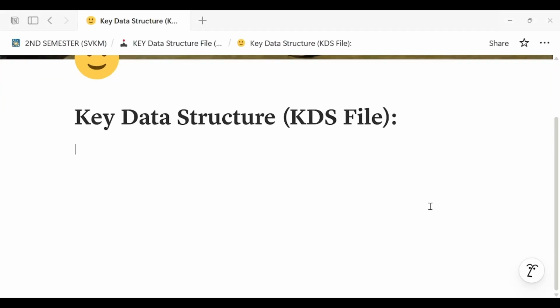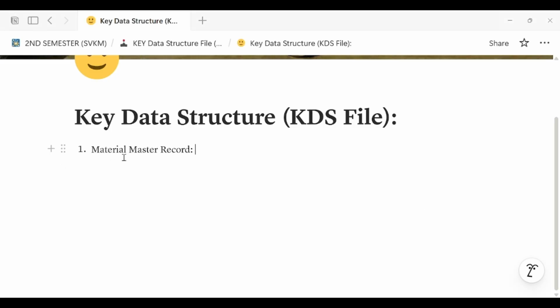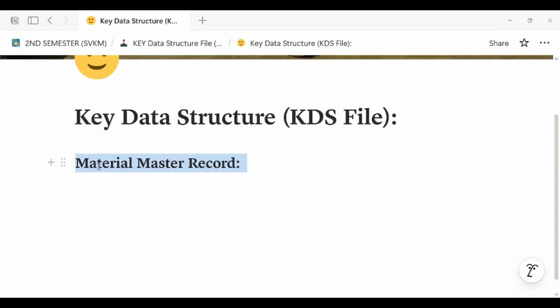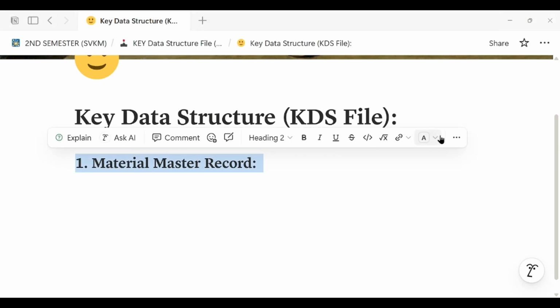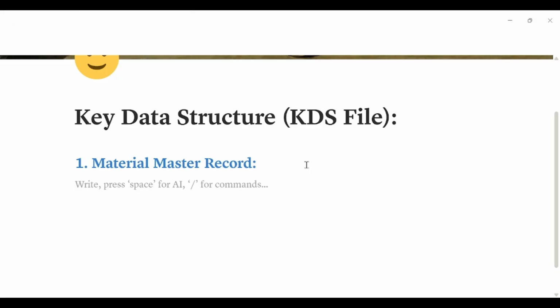So the first topic is the material master record. How to create a material master record? For the material master record we have different T codes.